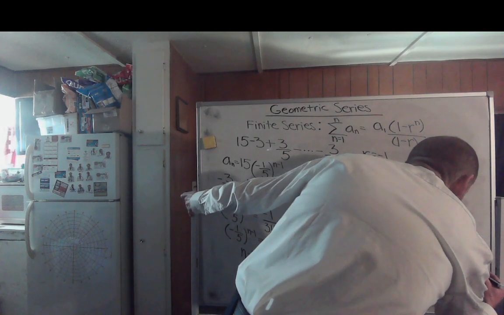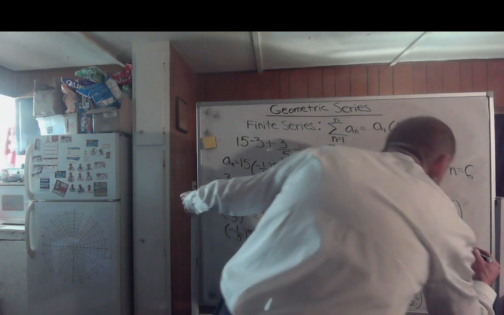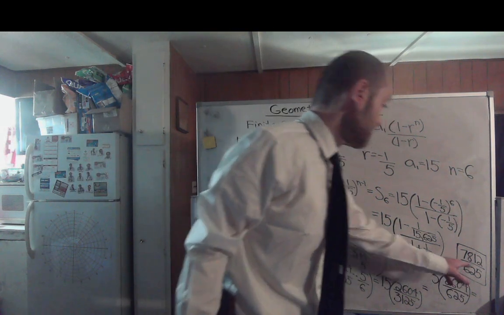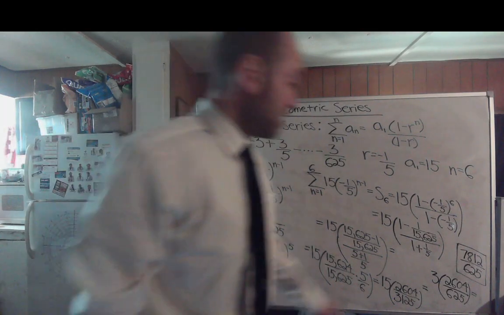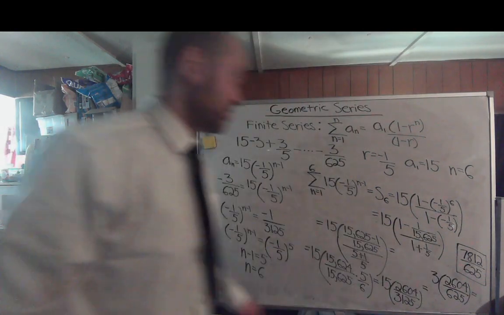all over 625. So that would be the sum of this finite geometric series is going to end up being 7,812 all over 625.